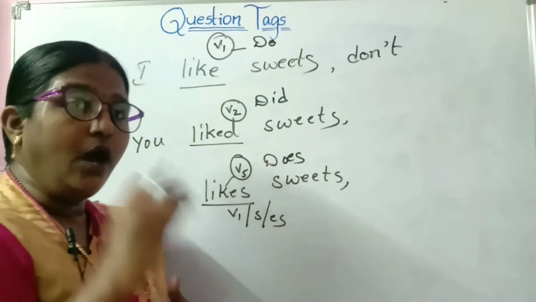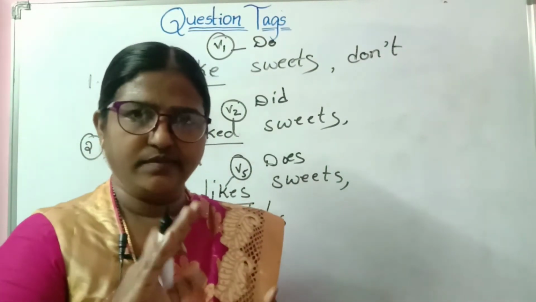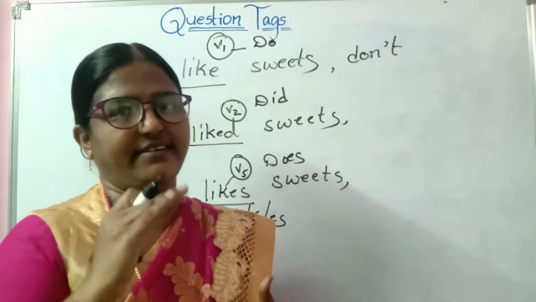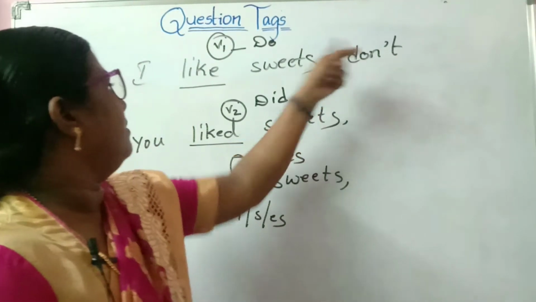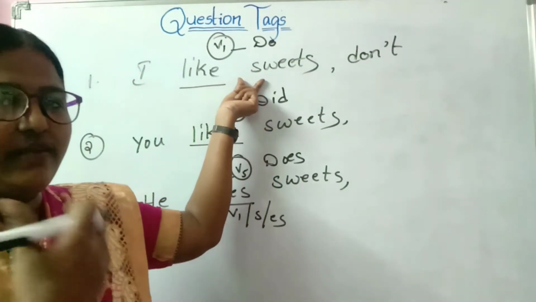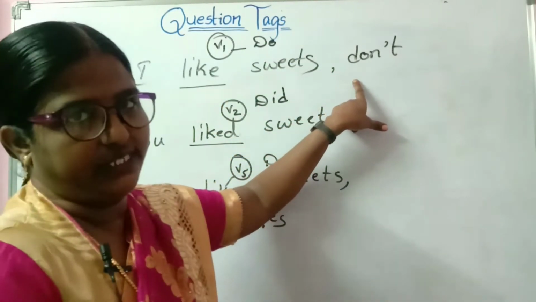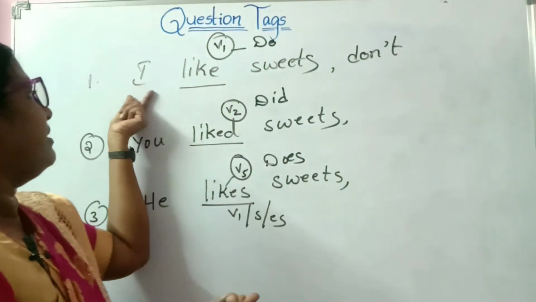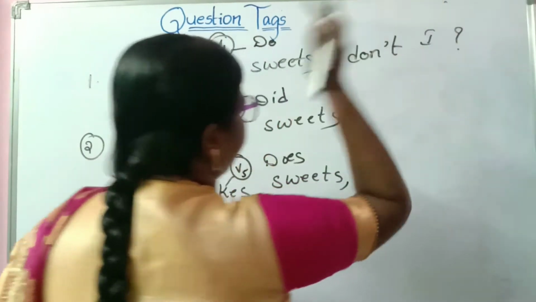Always we have to write contracted forms only. In a question tag, we should not write do not. Full forms we should not use. So make it negative, don't. And what is the structure for a positive statement? Negative question tag: auxiliary plus not plus the pronoun. What is the pronoun here? I. Don't I?